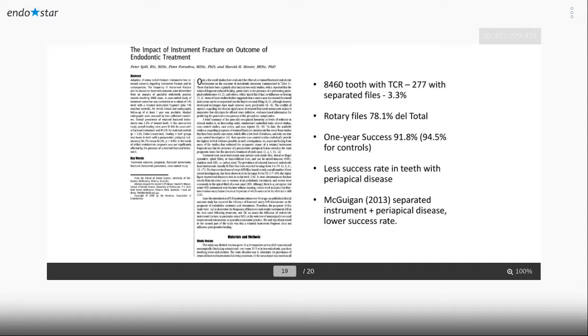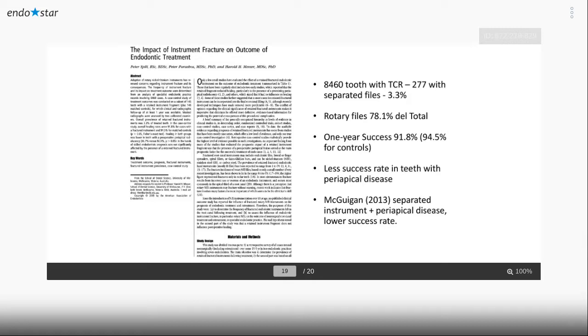From all those teeth, more than 200 were reported with separated files, and the percentage of teeth with separated files in this article was 3.3%. The percentage of files broken inside the root canal was above 78% for rotary files. In most cases, we will break rotary files.